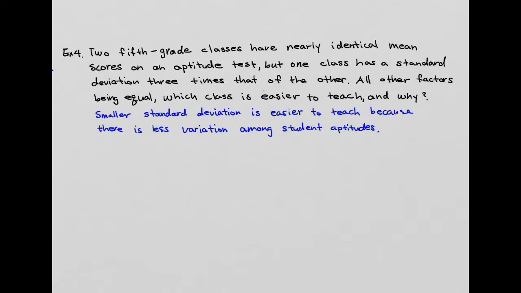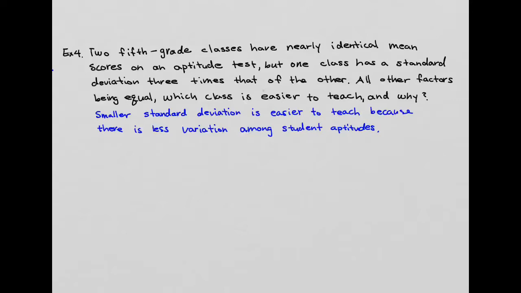Let's think about it. If the teacher is teaching the class with the bigger deviation, and the teacher is giving problems aimed more at the students in the lower part of the grades, the people who got high grades will be bored because they already know that material. They already score high.